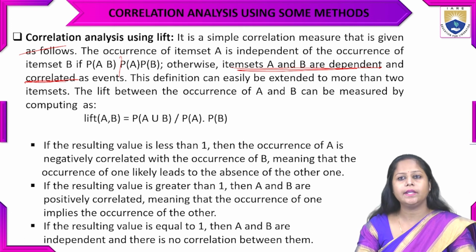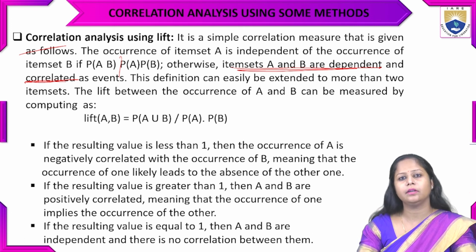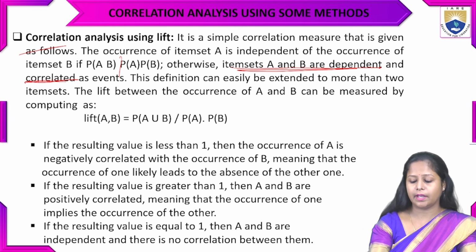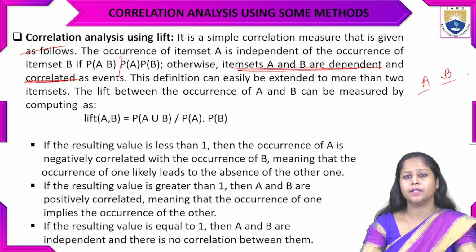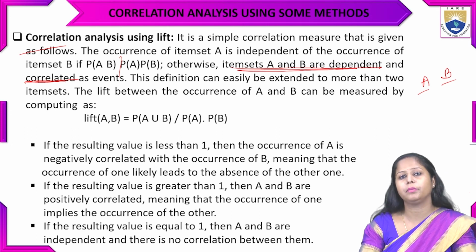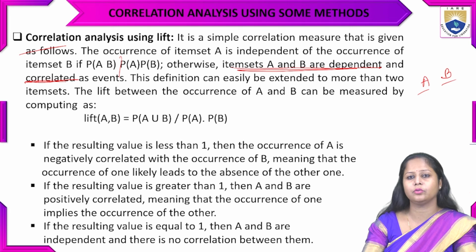This definition can easily be extended to more than two item sets. Here we have the A and B item sets, but we can check this for many item sets.